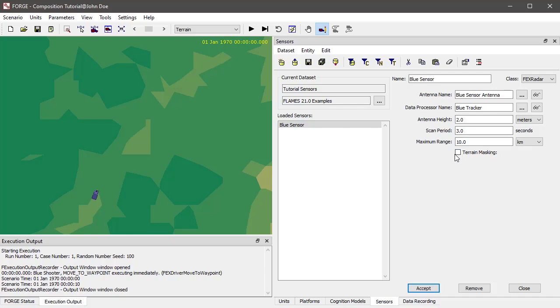Then it feeds each snapshot of each set of detections to a tracker model, which is this data processor model. So this particular sensor model is actually a composite model. It has its own model, plus it has two other models attached to it, a data processor model and an antenna model. A data processor model is not necessary for all types of sensors.